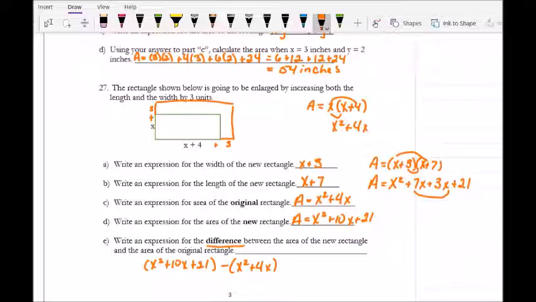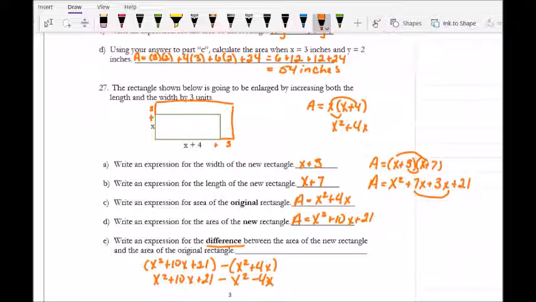Now remember, when you're subtracting polynomials, you want to distribute this negative. So x squared plus 10x plus 21 is not affected, but then it would be minus x squared and minus 4x.